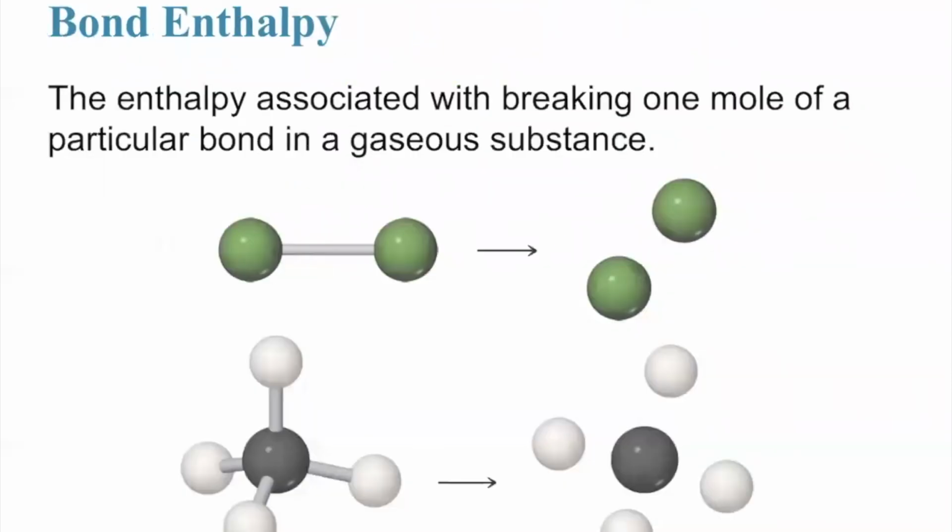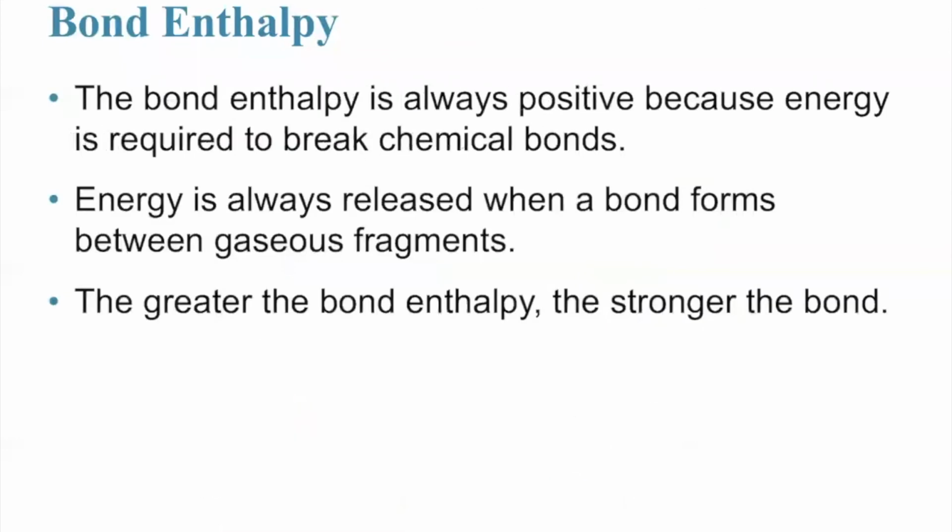This is bond enthalpy. Bond enthalpy deals with which bonds are broken and which bonds are formed when we're dealing with a particular substance. Bond enthalpy is always positive because energy is required to break a chemical bond. Energy is always released when a chemical bond is formed between gaseous fragments.